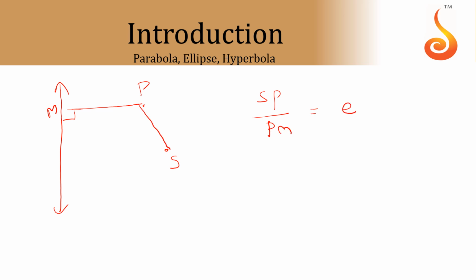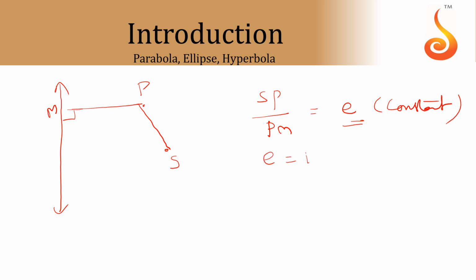Let us take a fixed point, called the focus, and a fixed straight line called the directrix. If a point P moves in the plane such that SP by PM is a constant, and you know that this e is called eccentricity and the locus of P is called a conic.